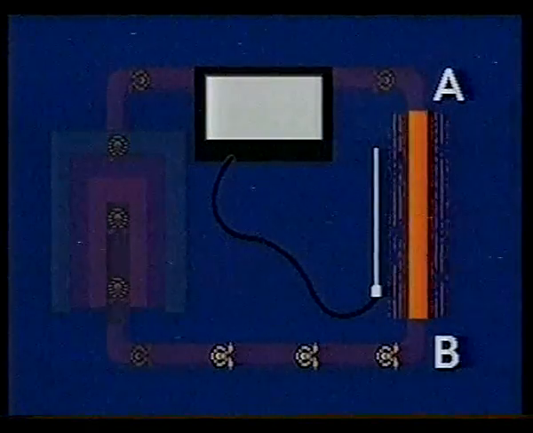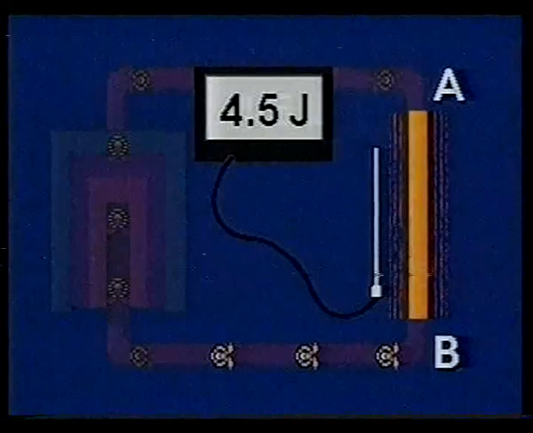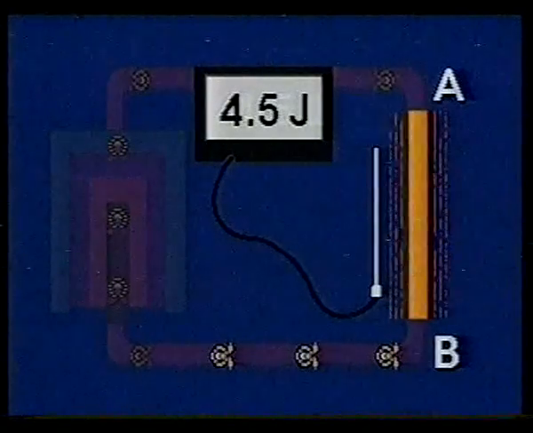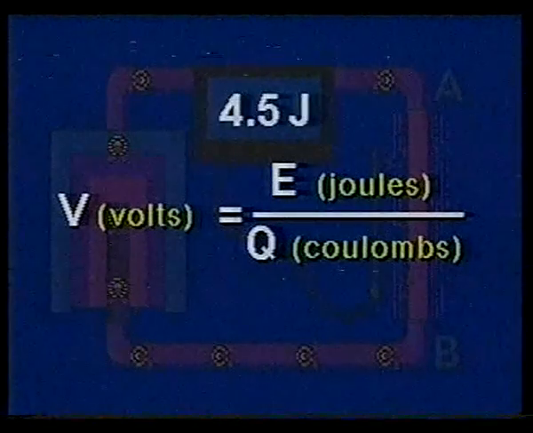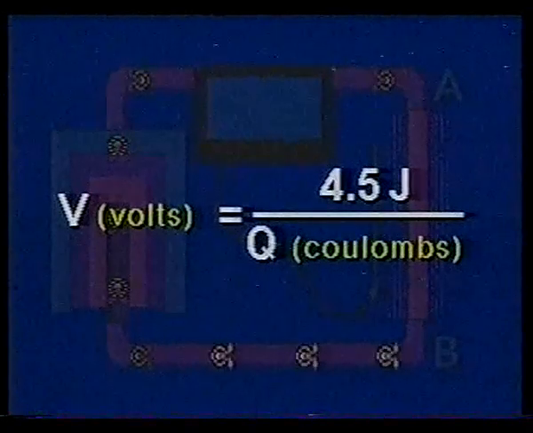Suppose in this example, we find that 3 coulombs of charge flowing through the heating element cause the element to give off 4.5 joules of heat energy. We can calculate the potential difference between A and B using our equation.